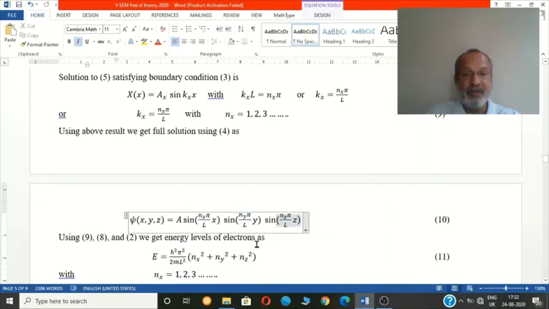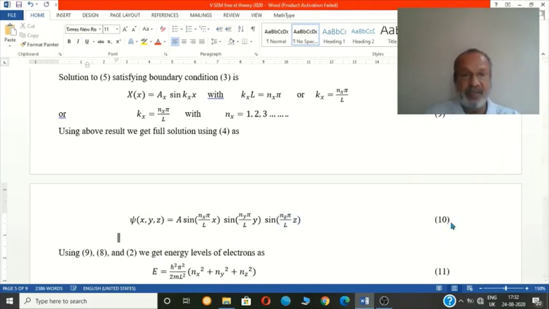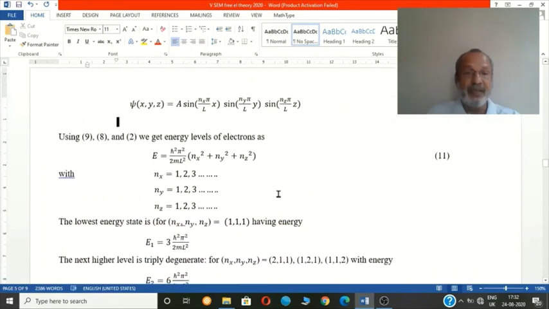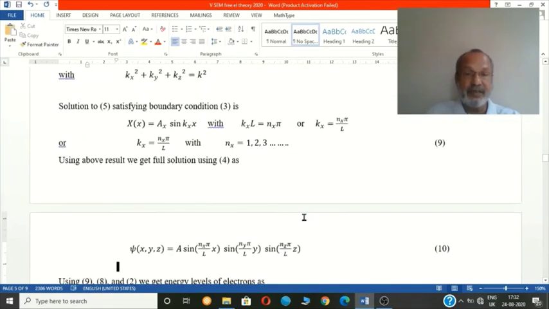So now we have found the solution. So definitely it is a variable separable equation. We have separated the equation, and let us find the energy.